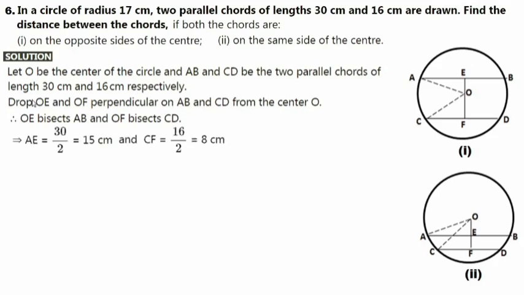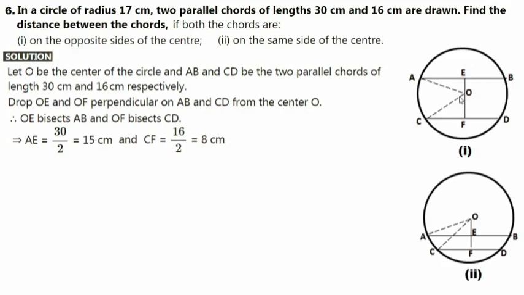Now you know this perpendicular from the center bisects the chord. So that's why AE becomes equal to EB. If you look at this diagram, I'm interested only in AE. So AE becomes half of AB. AB is 30, so AE will be equal to 15 centimeter.